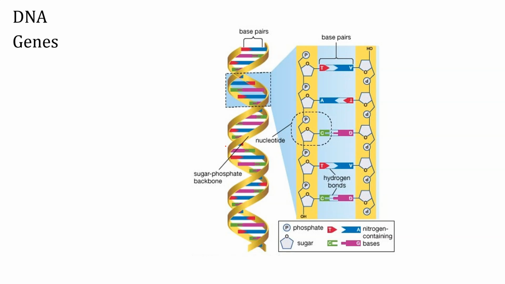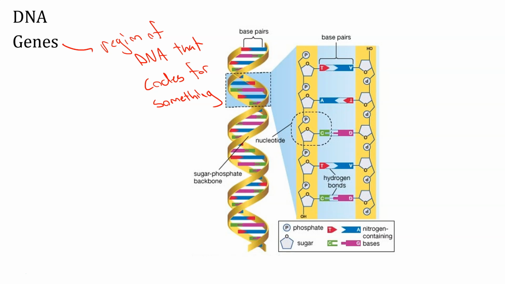Okay, on DNA, there will be genes, and you can think of a gene as basically being a region of DNA that codes for something. Oftentimes, it's a particular protein of some kind.